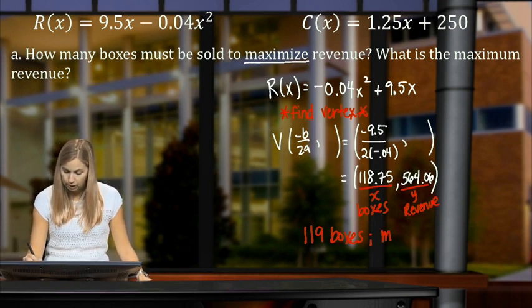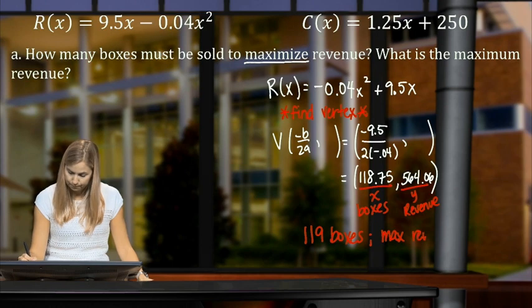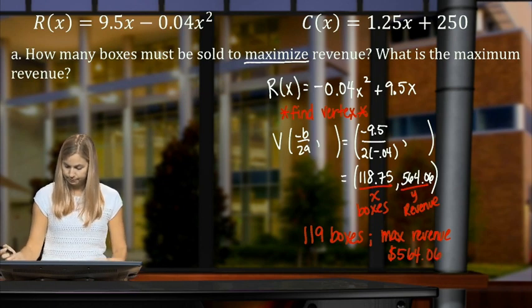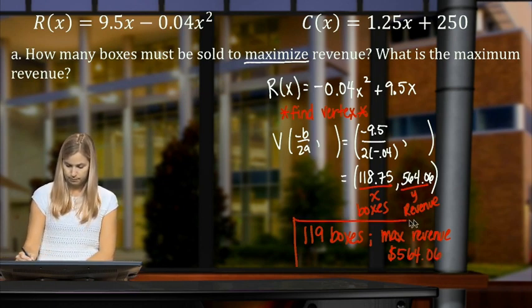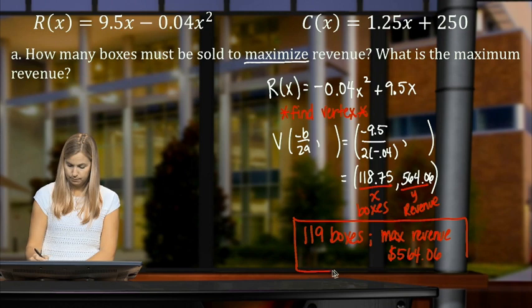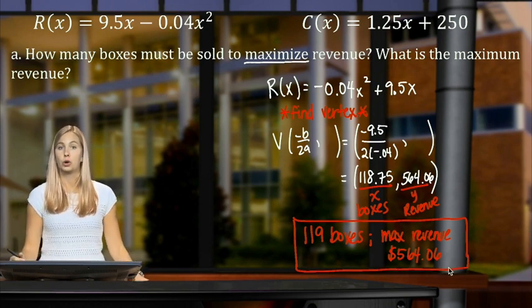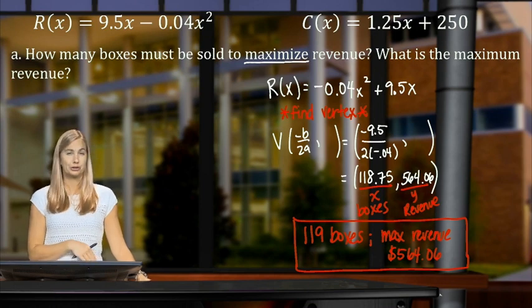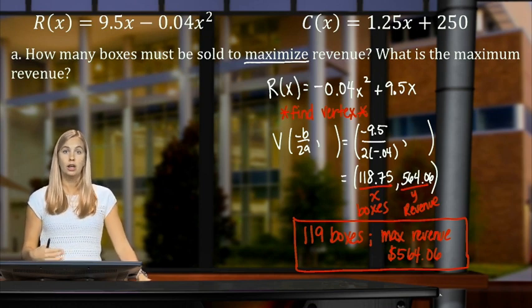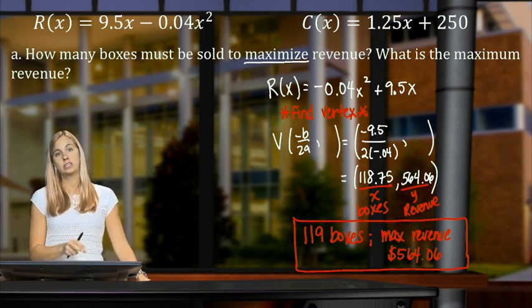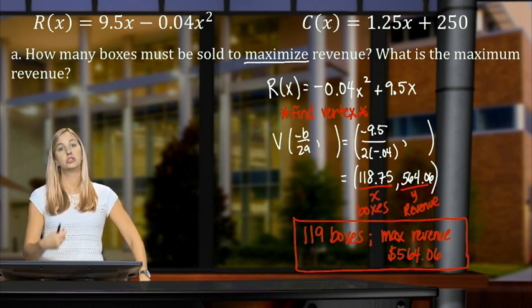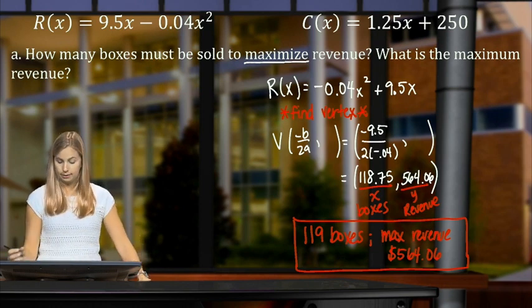Our maximum revenue is going to be $564.06. You want to be very careful with the wording of the questions and make sure that you're answering the questions in the correct order. We're not just asking you to find the vertex in these problems, but also can you interpret the values of your vertex?